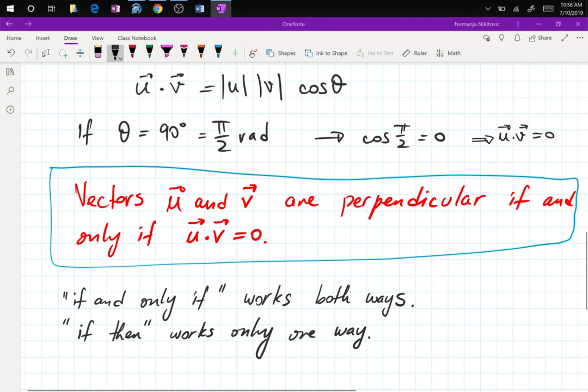For higher dimensions than 2, the word perpendicular turns into orthogonal. So perpendicular is the word that is reserved for 2D when two lines are at 90 degrees. If you are working on 3, 4, 5, or whatever amount of dimensions, use the word orthogonal.